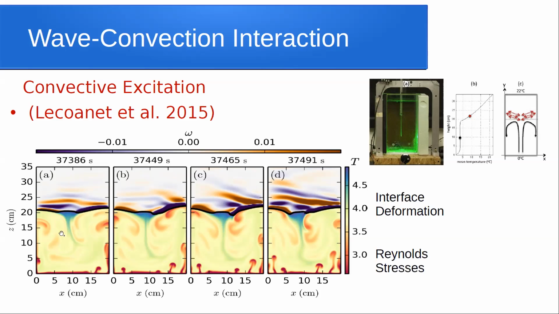Reynolds stress driving is what happens because these waves have an evanescent tail down in this convective region, which means they interact with that convection in a non-local way. So basically these waves fill the volume of the convective driving down here much more strongly than you might expect. And so what you end up with, at least in these numerical experiments, is an interfacial deformation that contributes to wave driving of about 30%, and the rest being Reynolds stresses.